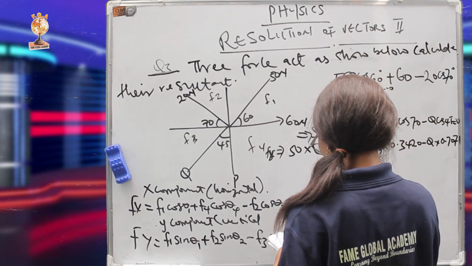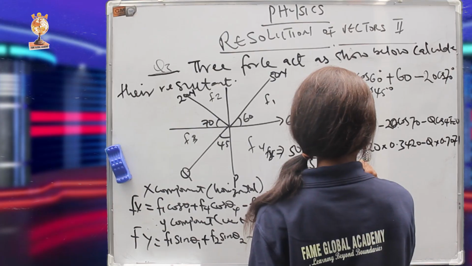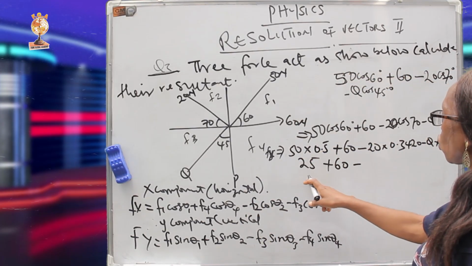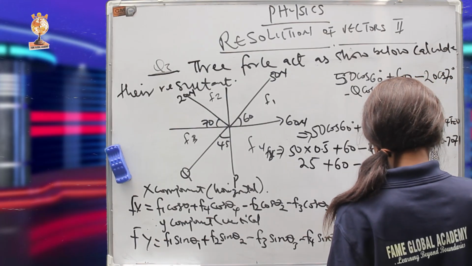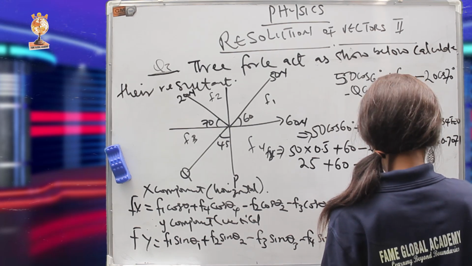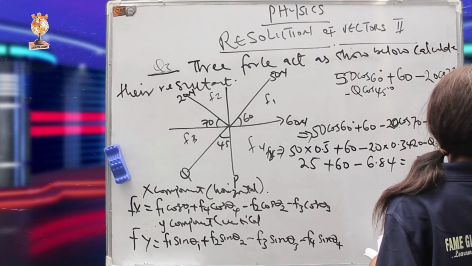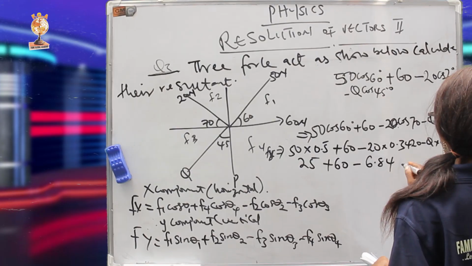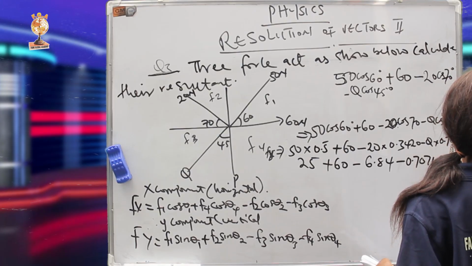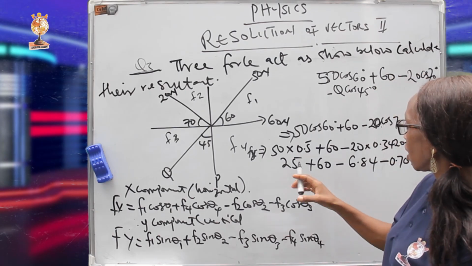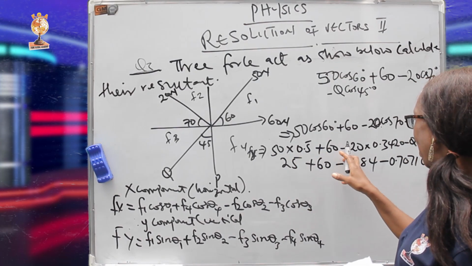Now let's continue. 50 times 0.5 gives you 25, plus 60, minus 20 times 0.342, which gives you 6.84, minus 0.7071 q.